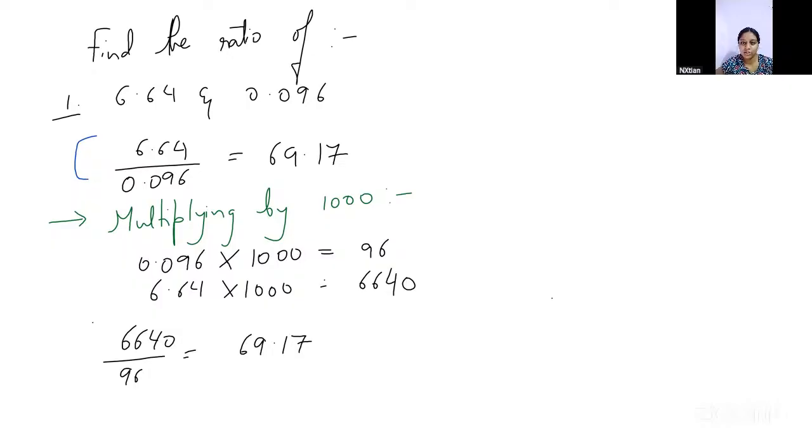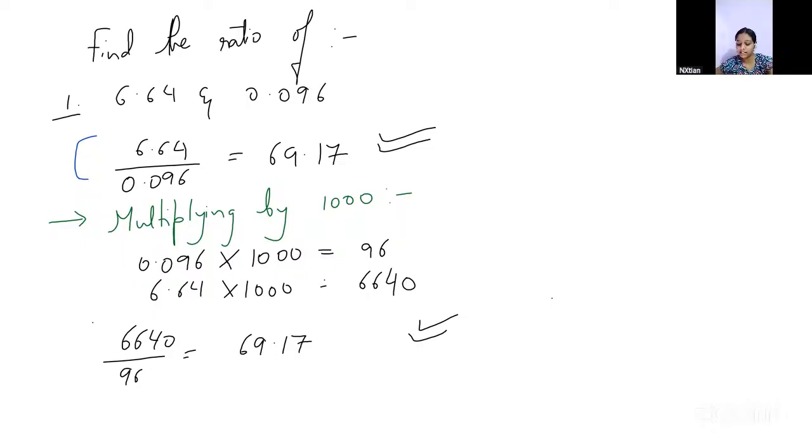Either you can do it like this or like this. Yes, Abraham. So, ma'am, basically we are finding another equal calculation that will give us the same answer. Yes.